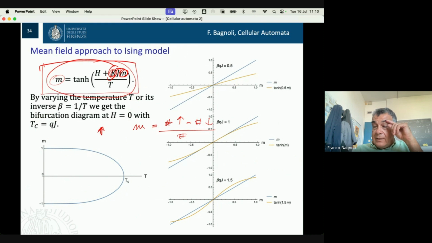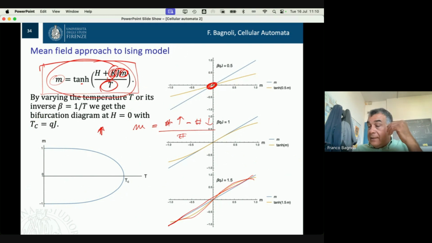self-consistent equation that can be solved, say, graphically or numerically by finding the intersection of the diagonal with this hyperbolic tangent. And so for large T, essentially we have only the 0 point.